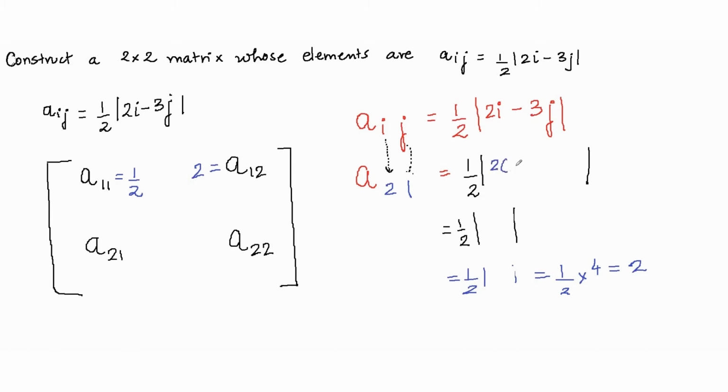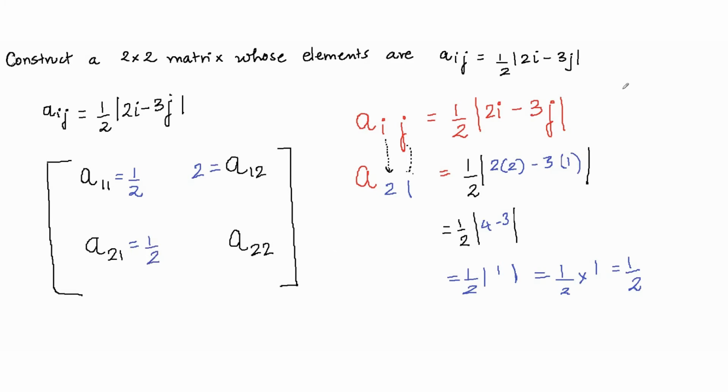So that's 2 times 2 minus 3 times j, which is 1. So it would be 3 times 1. And therefore that's going to be 2 twos are 4. 4 minus 3, that's magnitude of 1. And magnitude of positive 1 is again positive 1. Therefore the answer becomes half of 1 again, which is equal to 1 by 2. So this element also turns out to be 1 by 2.